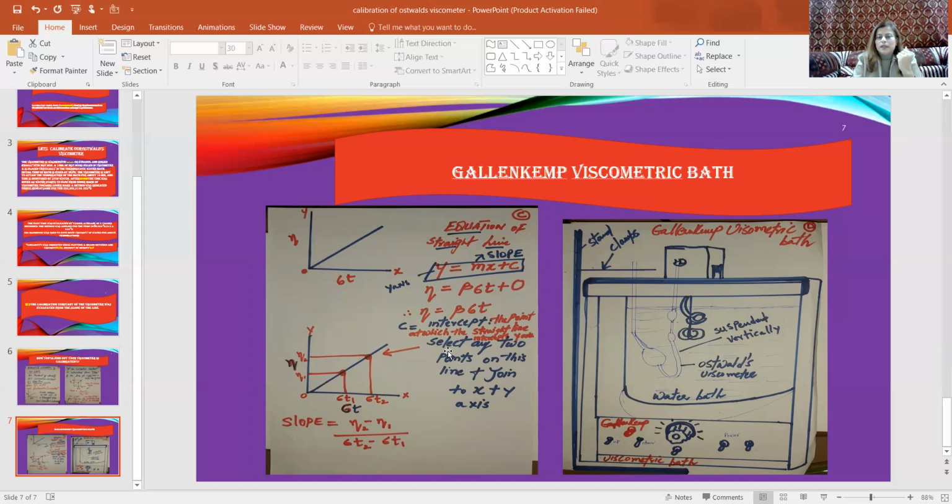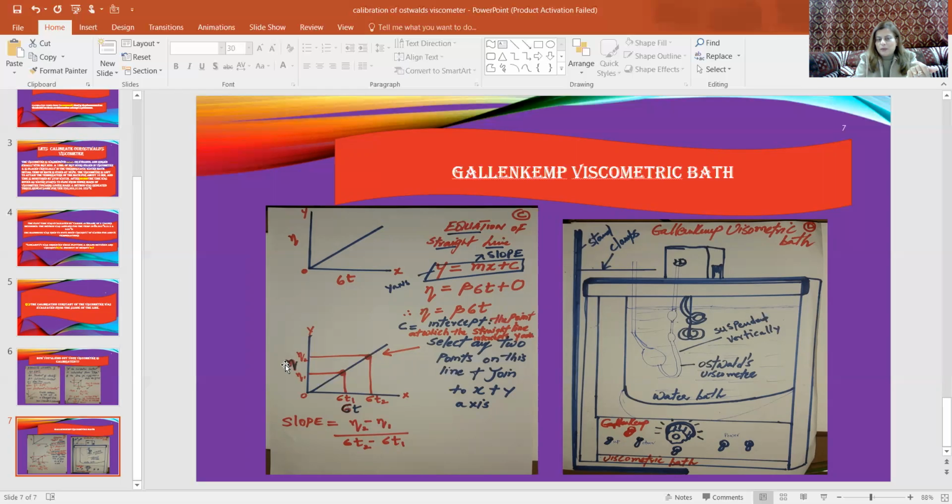Here again I can show you: select any 2 points on this line and join them. This is the same graph, but drawn with the exact symbols, that is eta. Select any 2 points on the straight line and join them to the x and y axes.